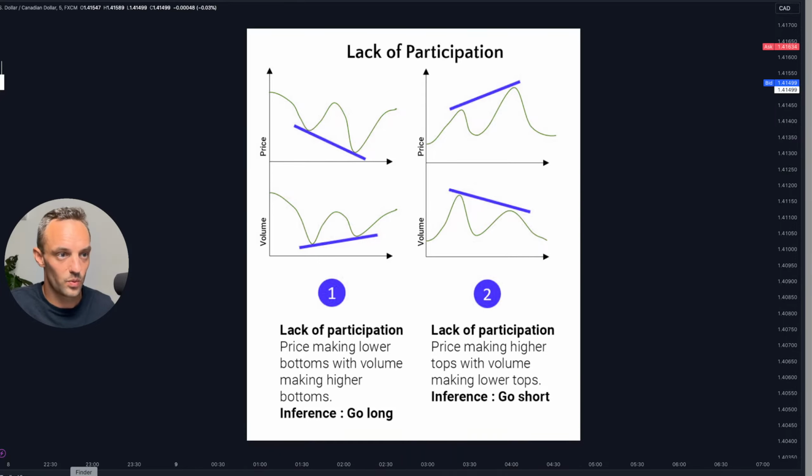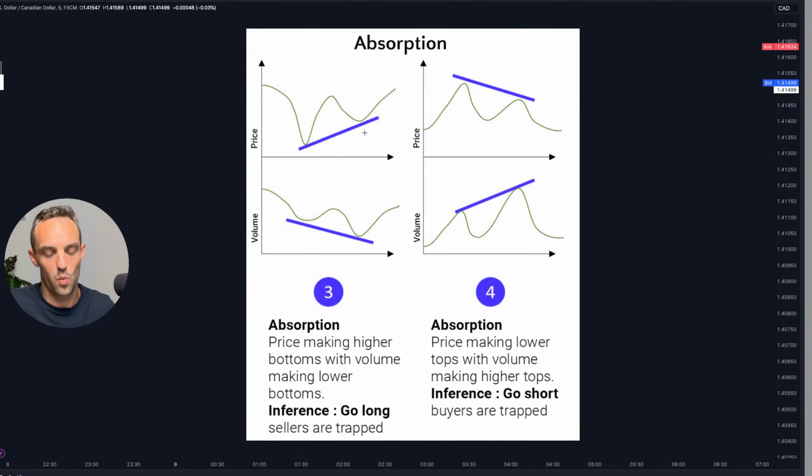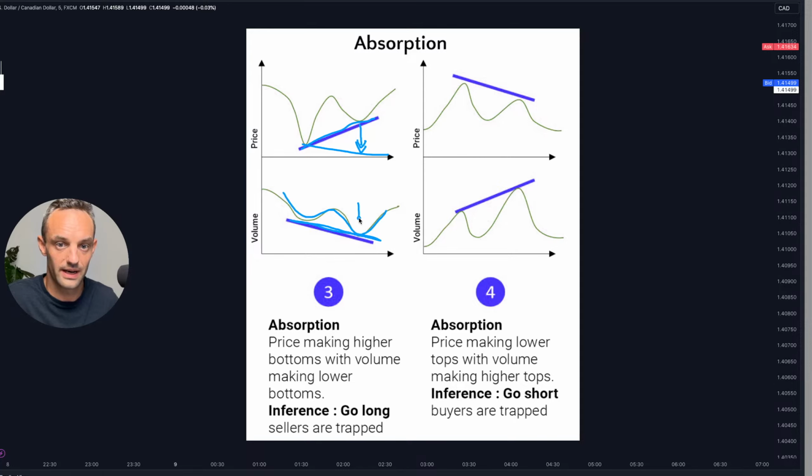On the other hand, we have the absorption. Absorption is when big market participants cannot make it to push to new lows. They cannot push to new lows because market orders made it with more aggressive sellers here, with higher volume candles or lower volume candles, in this case, than the previous low.